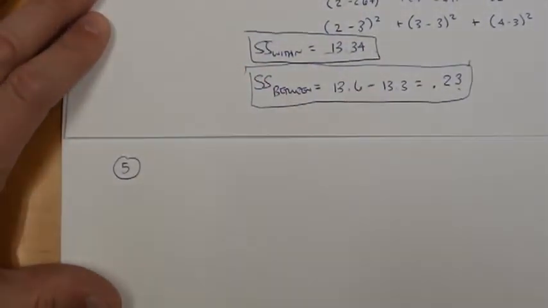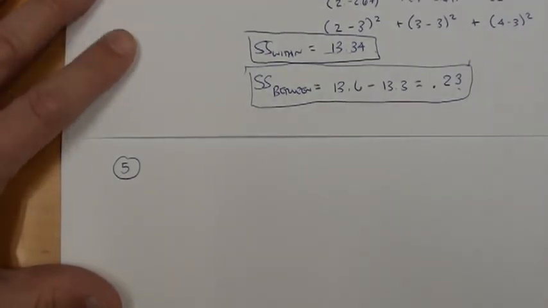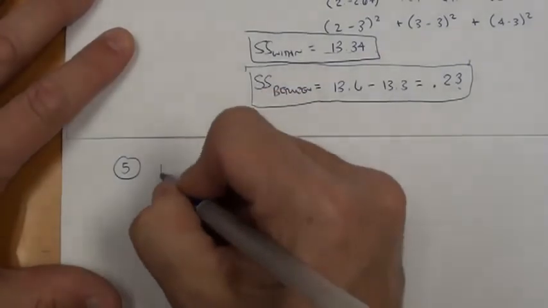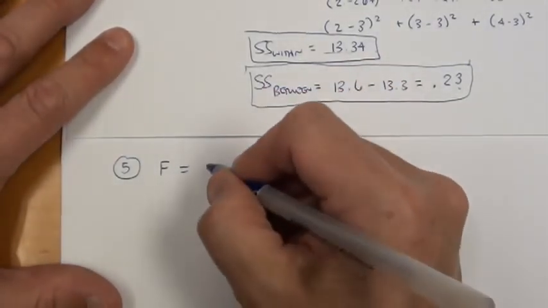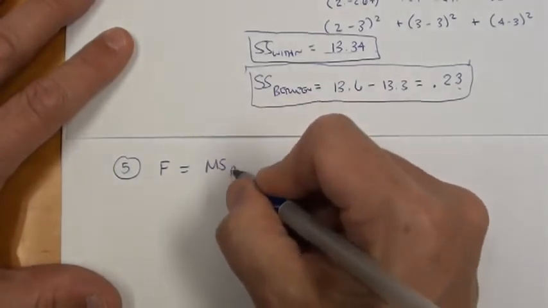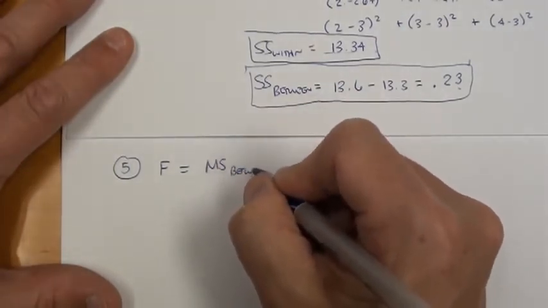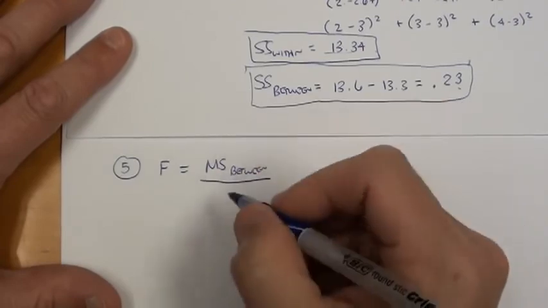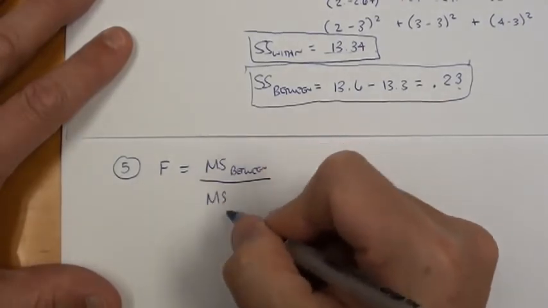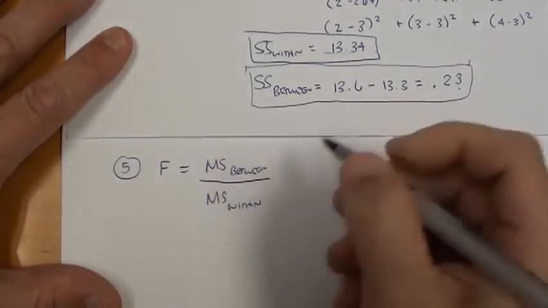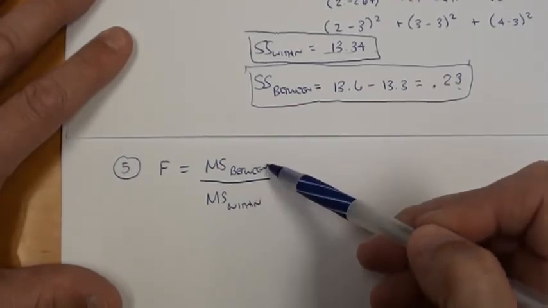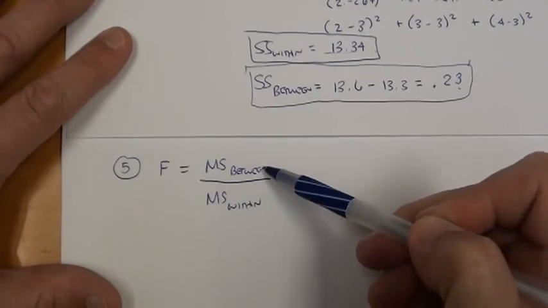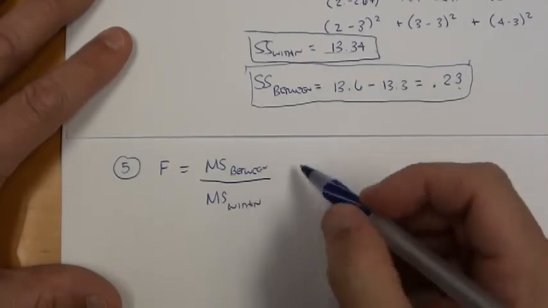Here we're going to actually calculate our F value, our F statistic for this particular data set. So to do that, F is equal to the mean square between, or the variance between, divided by the mean square within, or the variance within. So you're dividing the between groups variance and the within groups variance.